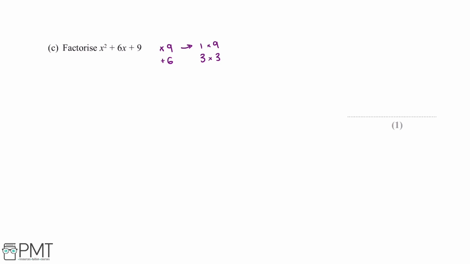So what this means is that x squared plus 6x plus 9 is equal to x plus 3 multiplied by x plus 3. And we can simplify this down to x plus 3 squared. And this question's worth 1 mark, and this is for the correct answer.